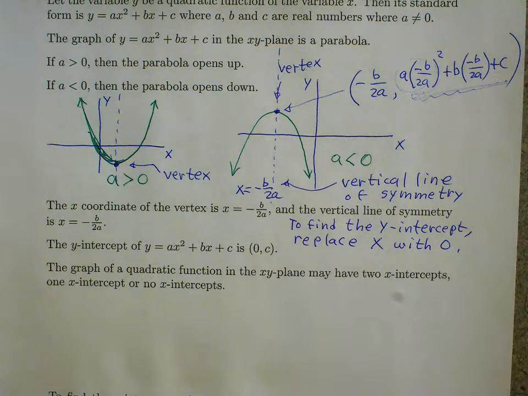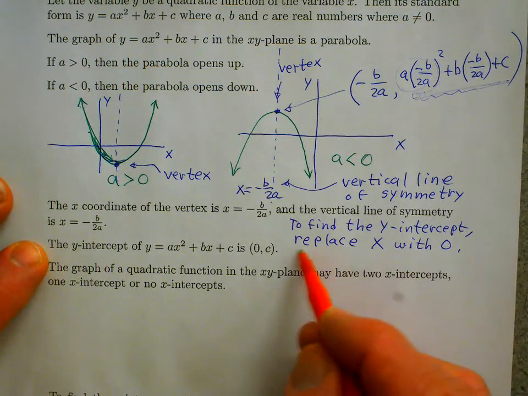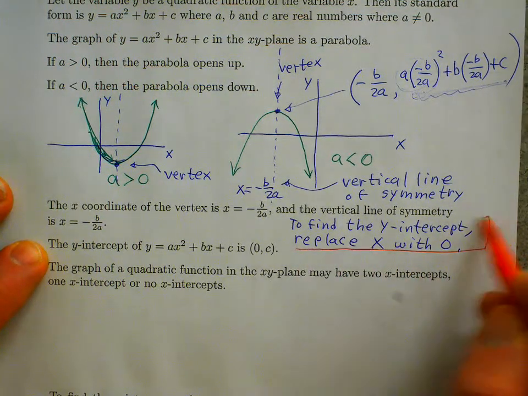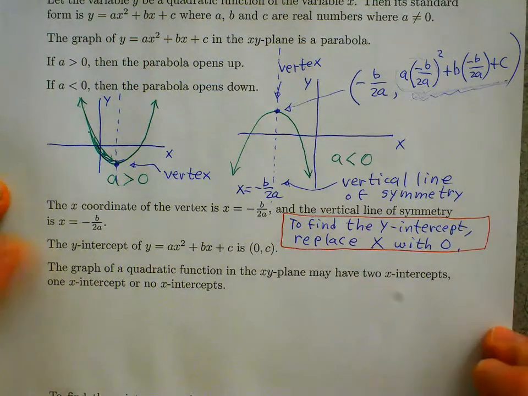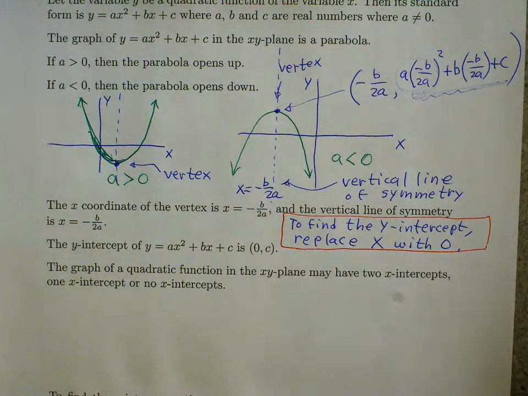Okay, we've encountered x and y intercepts before when we were learning about linear equations of the form y equals mx plus b. With linear equations, we found the y-intercept by replacing x with 0 and then doing the arithmetic, solving for y.